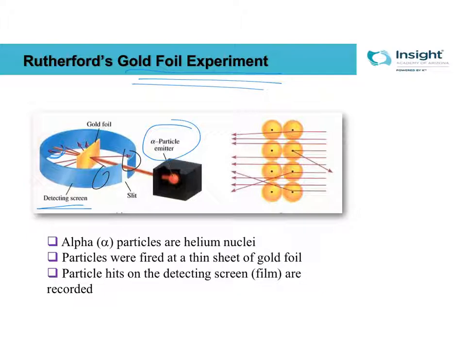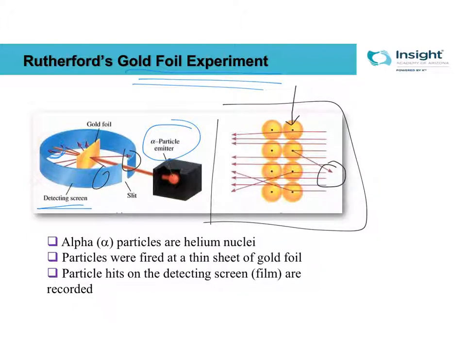So really what's happening, this is a blown up model of what's going on, is a lot of the particles are passing through empty space. Some of them are coming really close to, what's that black thing in the center there? Hopefully you're thinking the nucleus. So some of them come really close to the nucleus and get deflected a little bit if it just gets close, or if it happens to hit it smack dab right on, then those are the ones that get deflected greatly.